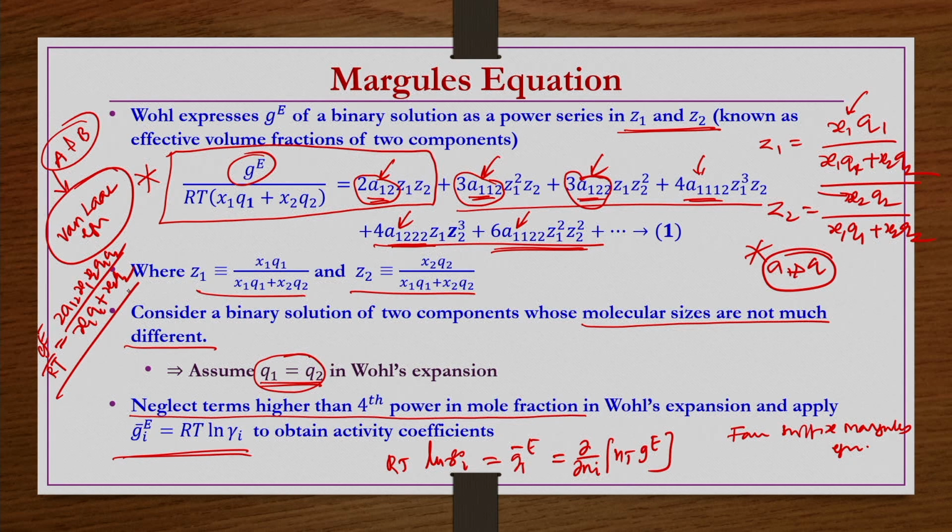This is what you get when you take only up to second power terms, without taking higher power terms, and then substituting z1 z2. This is nothing but the Van Laar equation.